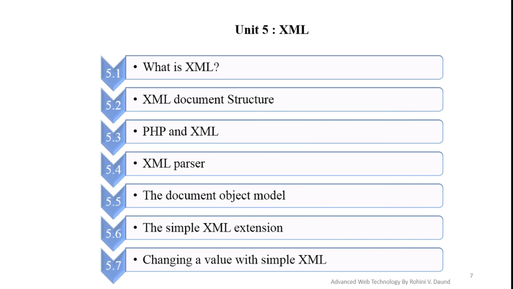Document object model is a standard for accessing XML document trees defined by the W3C. Document object model builds the entire XML document representation in memory and then handovers the whole chunk of memory to the calling program. Next point is the simple XML extension.